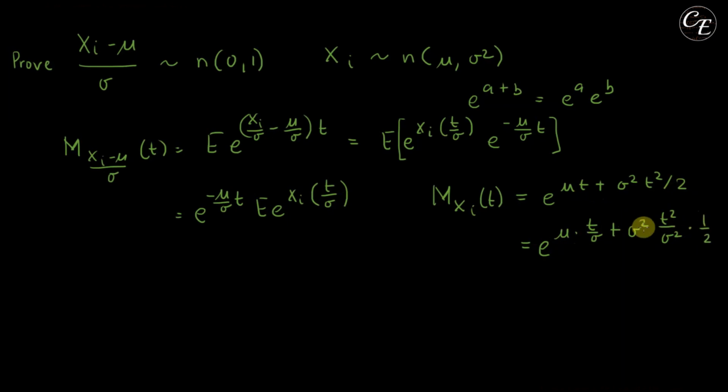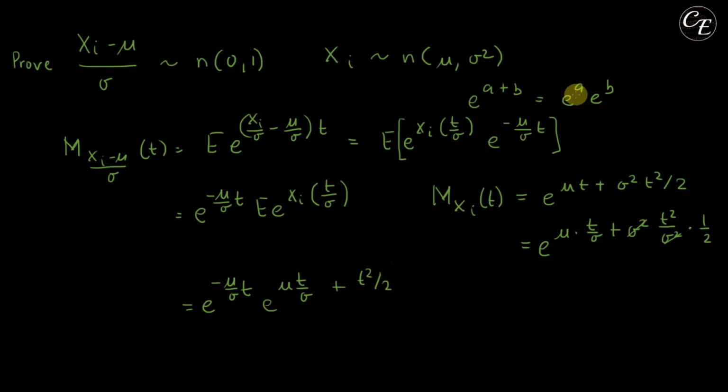Then we can cancel out this sigma squared, and then this one will be equal to e raised to negative mu over sigma t times e raised to mu times t over sigma, and then plus t squared over 2.